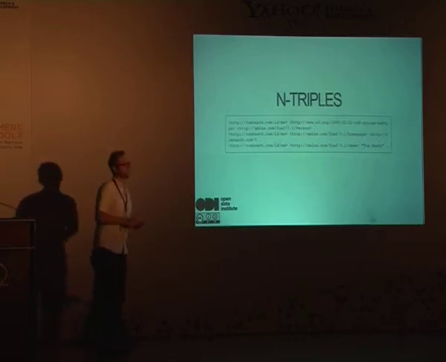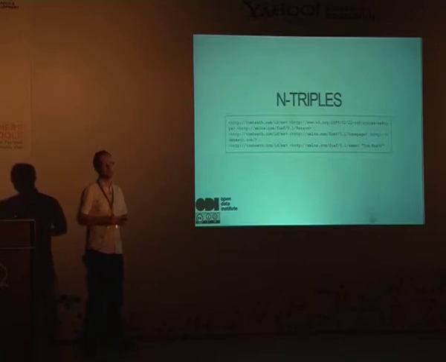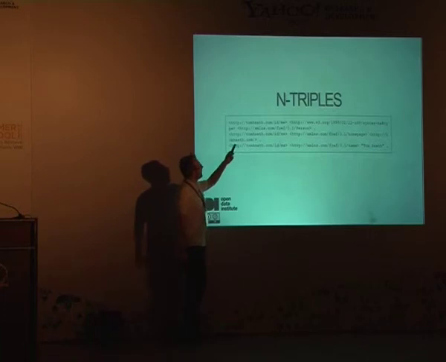There are some issues if you want to process this in something like MapReduce, because you can see a scenario here where there's triples about me on different lines.